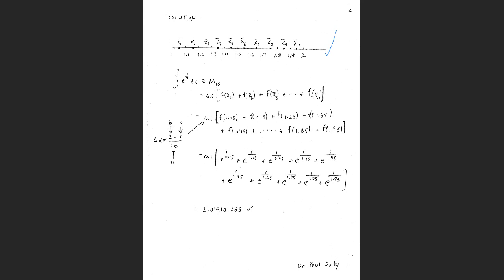So I want you to work it out like I'm showing you here, where you show the steps: here's the midpoint rule, then here I'm plugging the values into the function, and then the next step is I'm going to write out all the function values.